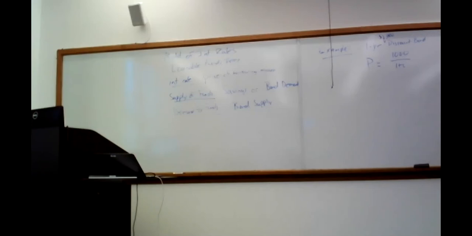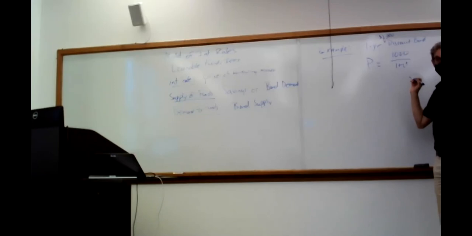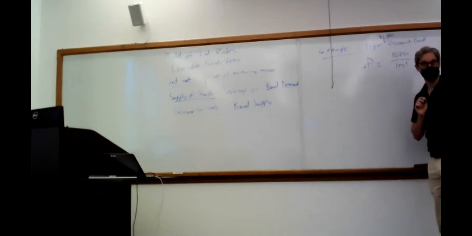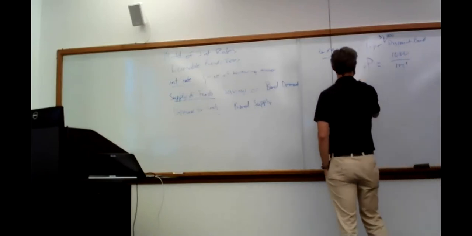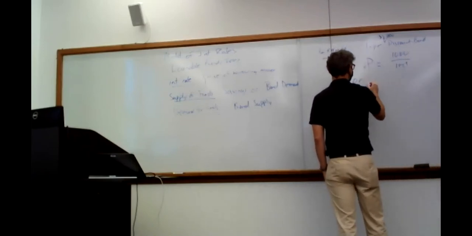So notice here, we see the law of the bond market. What happens when interest rates go up? What happens to prices? Prices go down, right? So in other words, we could rewrite this.